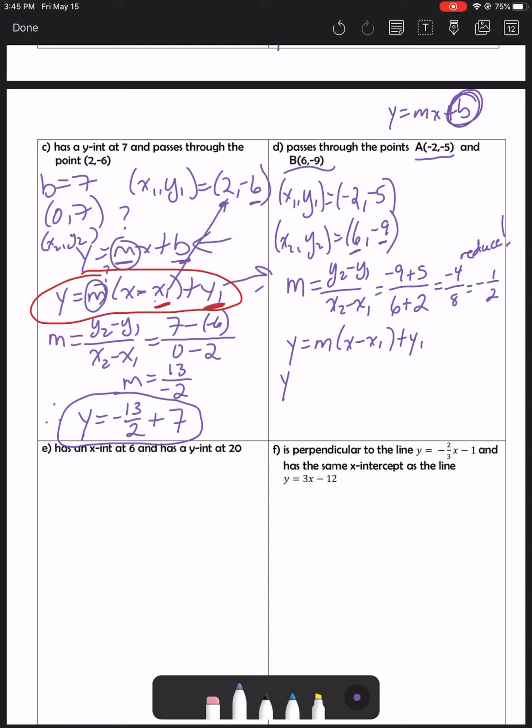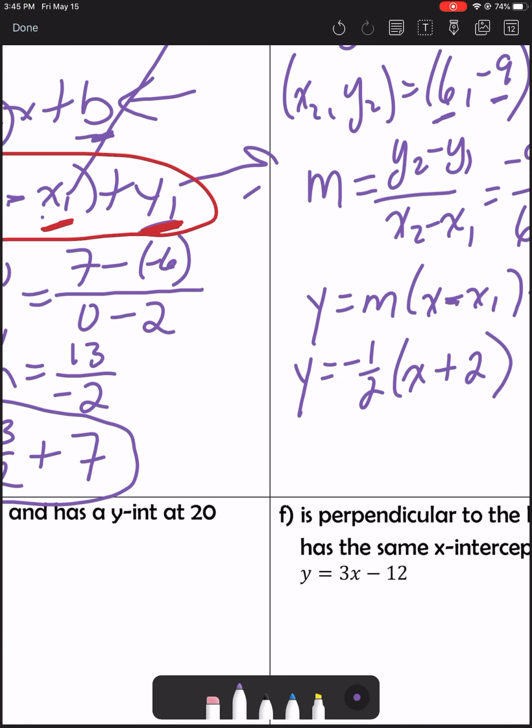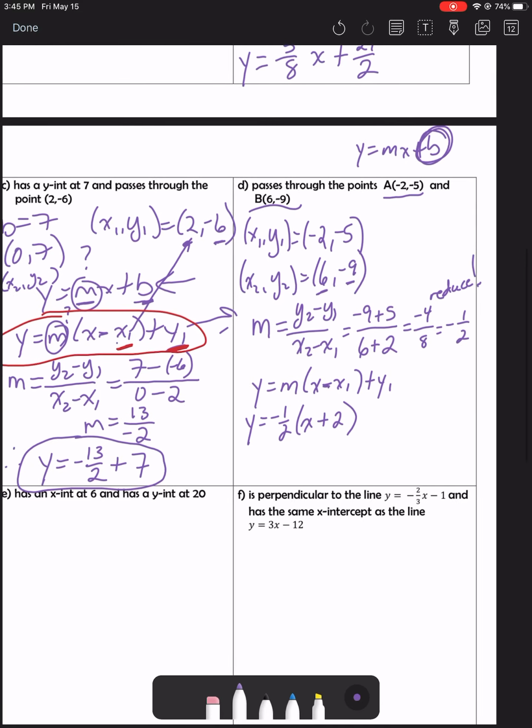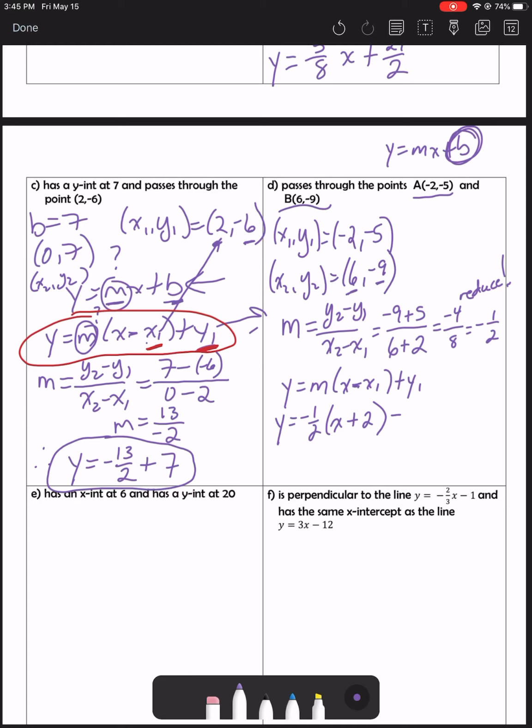So y equals negative 1/2, and like I said before, you can either use x1, y1, or you can use x2, y2. It doesn't matter, but this is going to be x plus 2, because we're subtracting negative 2, and then plus negative 5 is a minus 5.